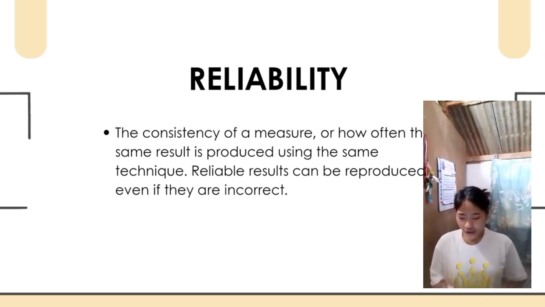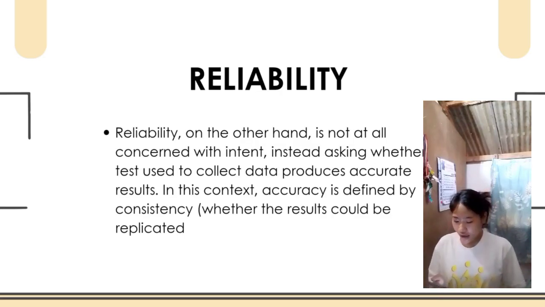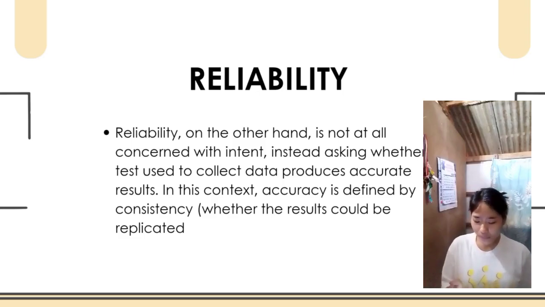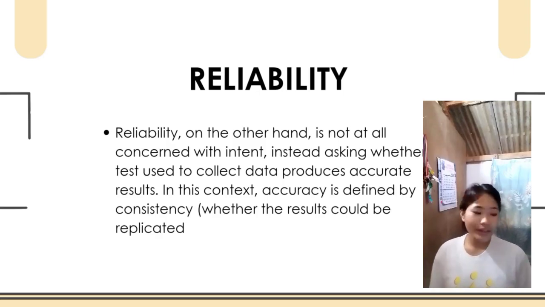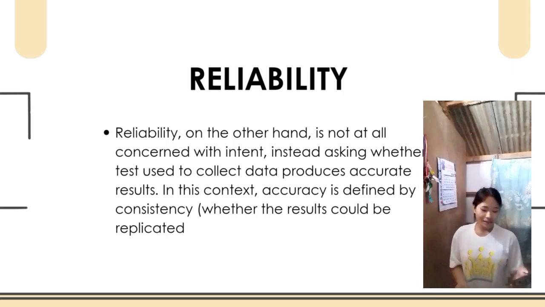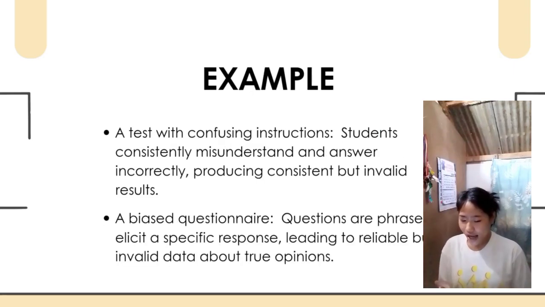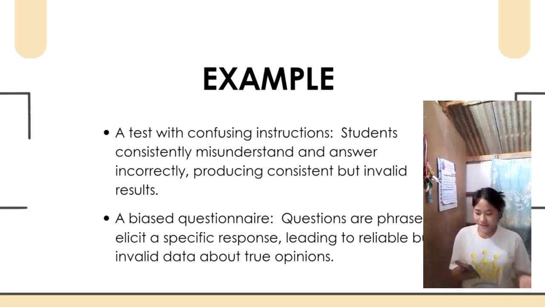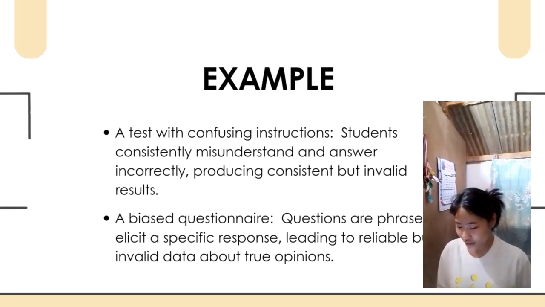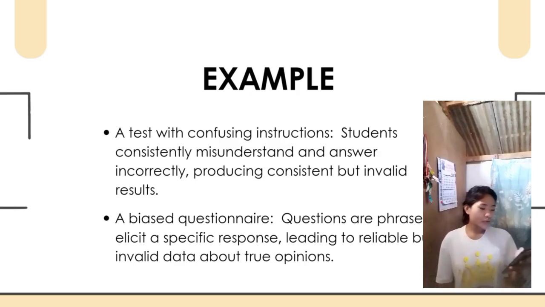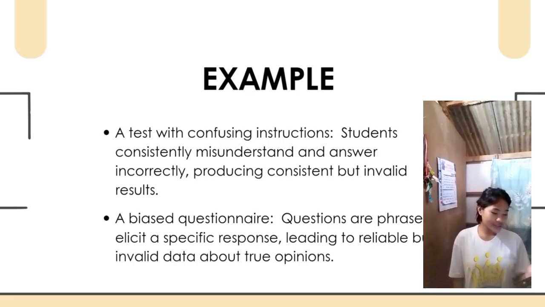Validity, on the other hand, is not concerned with consistency, instead asking whether the test used to collect data produces accurate results. For example, a test with confusing instructions: students consistently misunderstand and answer incorrectly, producing consistent but invalid results.